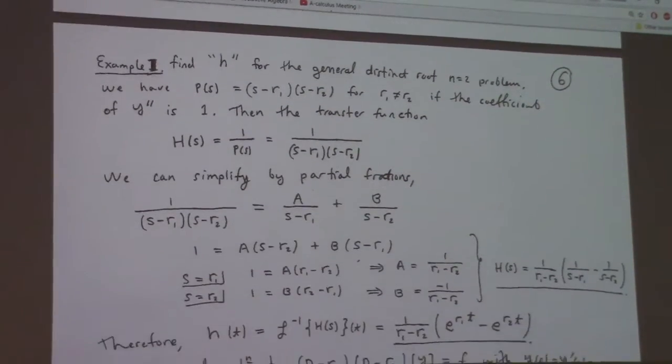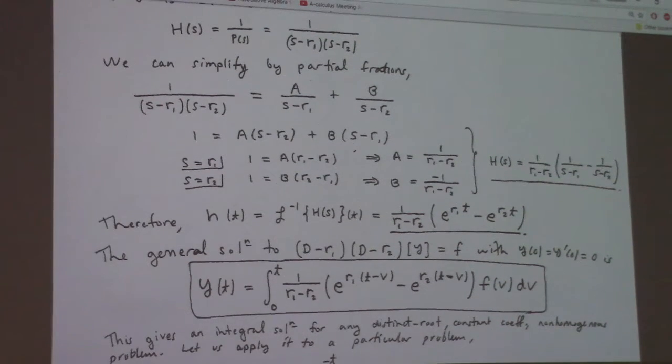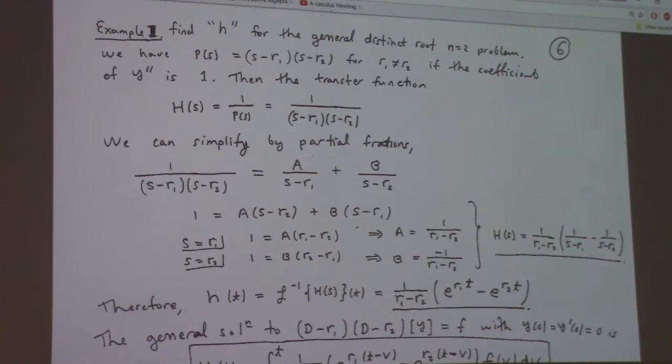All right. Here's an actual example. I did a couple of examples of the transfer function just to be a little bit more specific. For example, if you have s minus r1 times s minus r2 for r1 not equal to r2, in other words, the case of distinct real roots, second order problem. You guys know the homogeneous solution: exponentials, e to the r1 t, e to the r2 t, right?